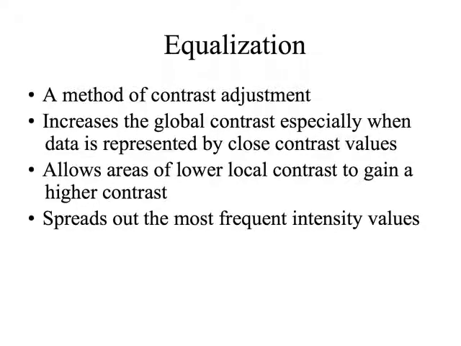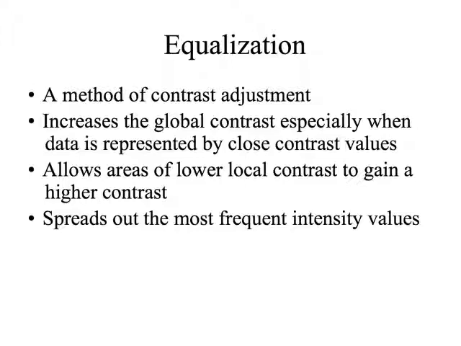Equalization. The board uses the term equalization, and this is a method of contrast adjustment, right? Where it takes pixels that are in the same basic area and starts to bring them closer to the same color, right? So it's going to increase the contrast of the entire image. We can't just go in and pinpoint an area and try to equalize it.